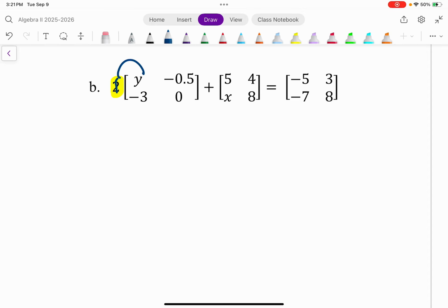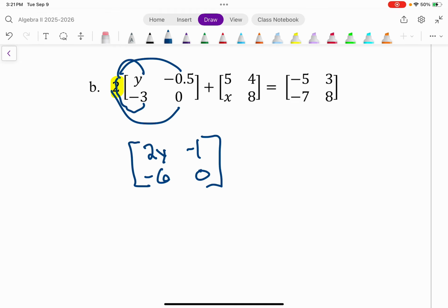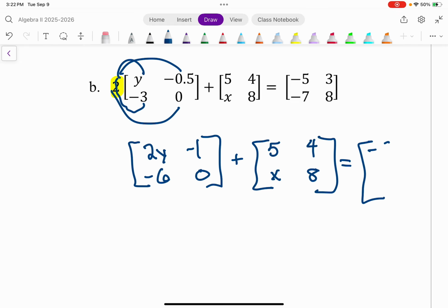So we're going to go ahead and multiply this 2 by all of these parts. That'll give us our new matrix of 2y minus 1, -6, and 0. The other two are going to stay the exact same. So 5, 4, x, 8 equals -5, 3, -7, 8.